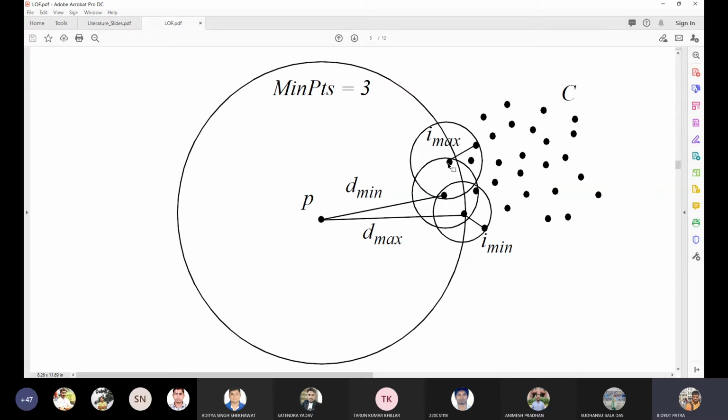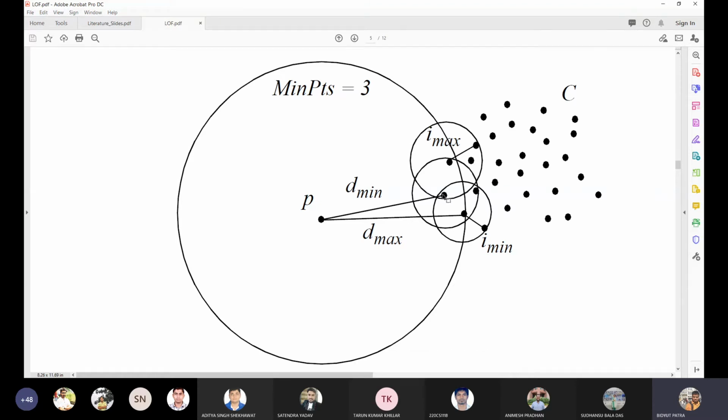We have defined it: the reach dist of a point P with respect to O is the distance from point P to O or K dist, whichever is the maximum. What will be the K dist of this point? The K nearest neighbor distance will be this one, and the distance from this point to P will be much larger.